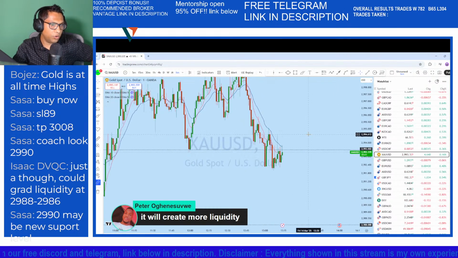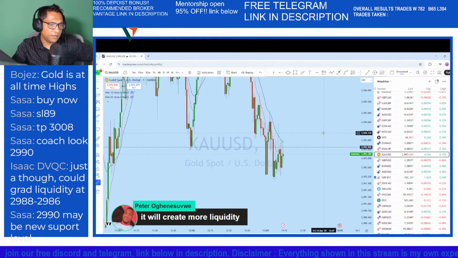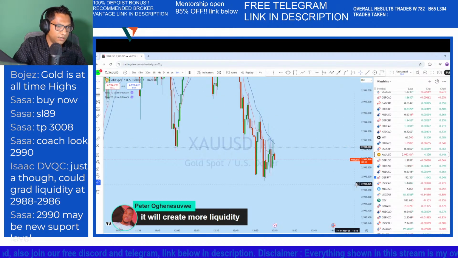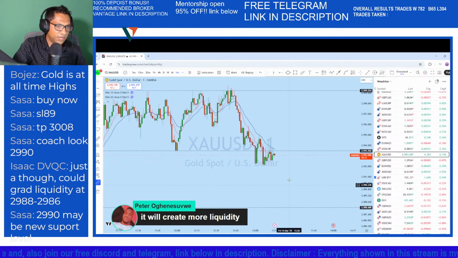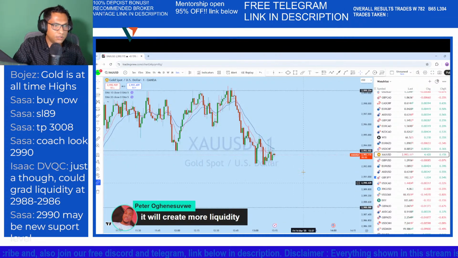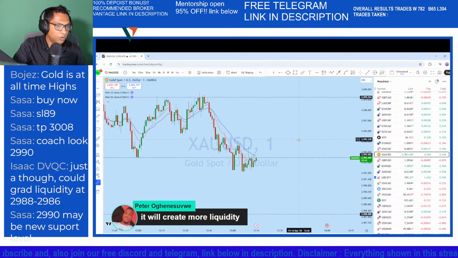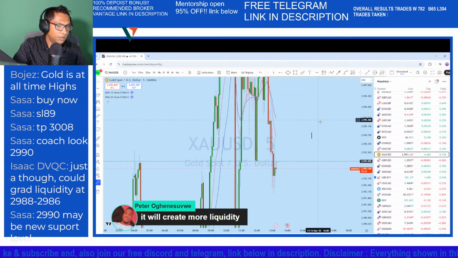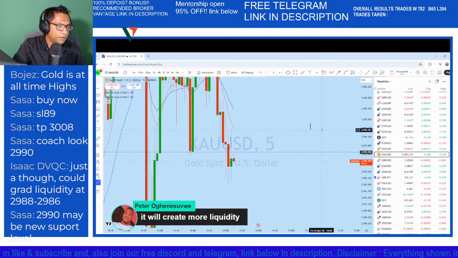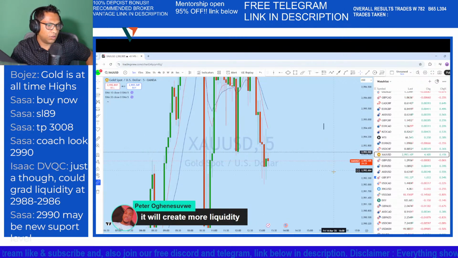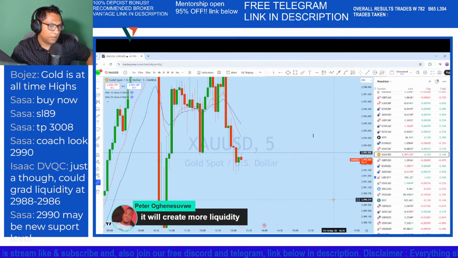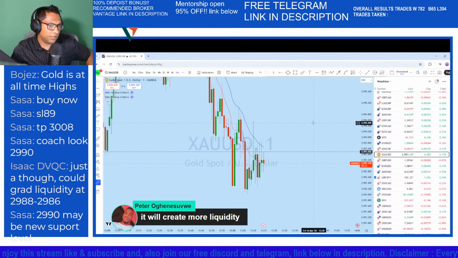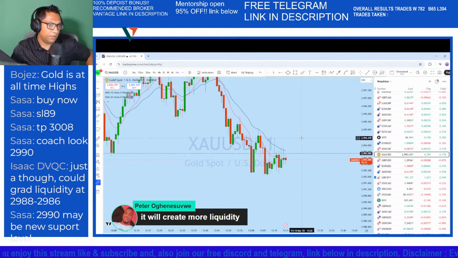Just grabbing more liquidity, I think we might see a break below from that zone, and if it breaks below, we might see a potential downtrend or reversal from here. Let's wait to see how the market is reacting. This is a strong liquidity grab here. Let's see how it may be doing in that area.